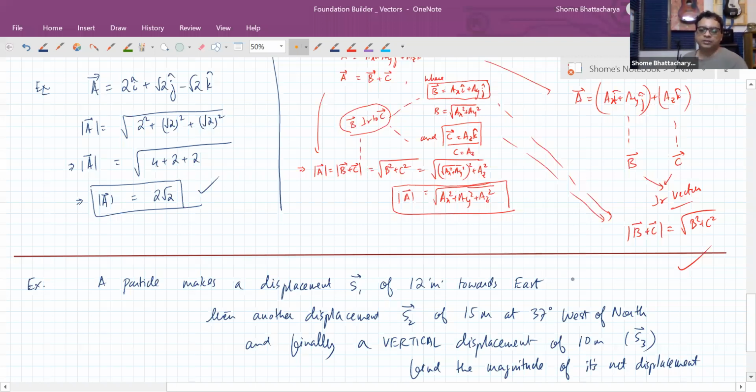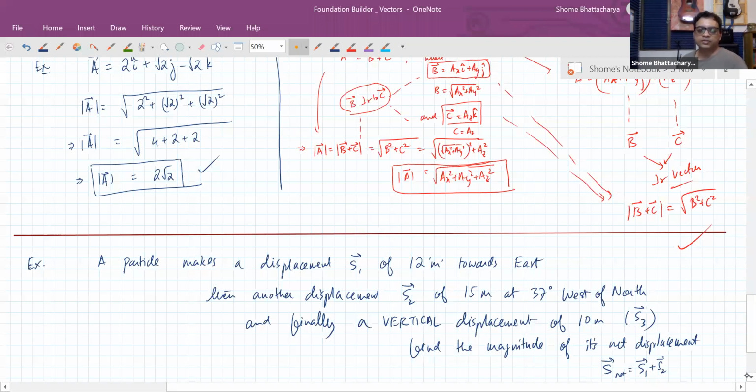So just try this out, people. So what I would advise you to try in this question is that express S1, S2, and S3 in component form. So what you do to solve this question is, first of all, make an XYZ system such that x-axis is pointing towards east, y-axis is pointing towards north, and z-axis is vertical.